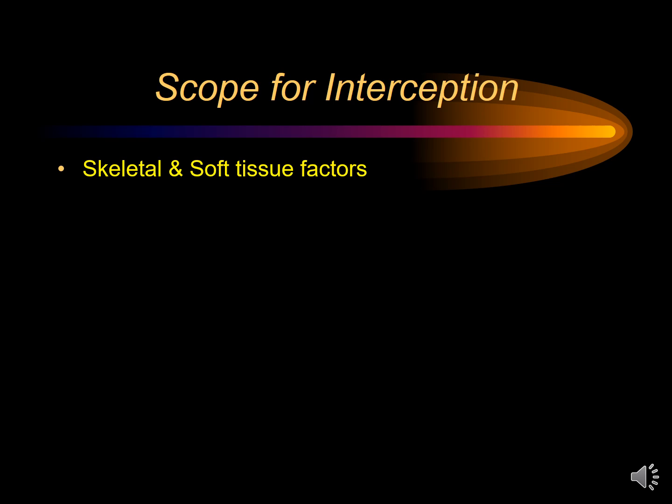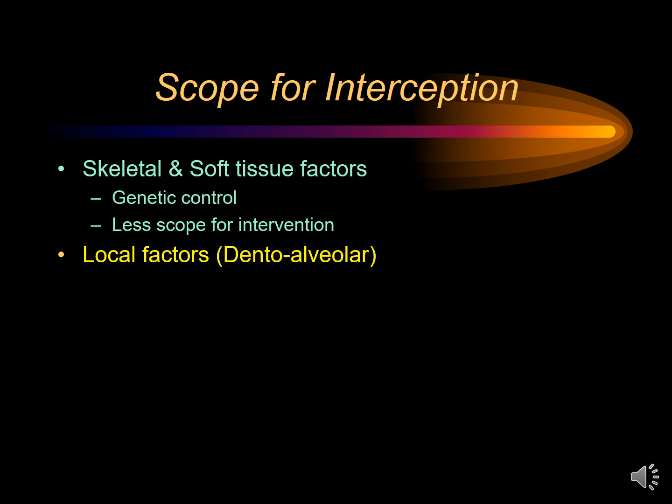If you look at skeletal and soft tissue factors, these are under tight genetic control, and there's less scope for intervention in modifying them. Local factors are more amenable to interception as they can be modified.